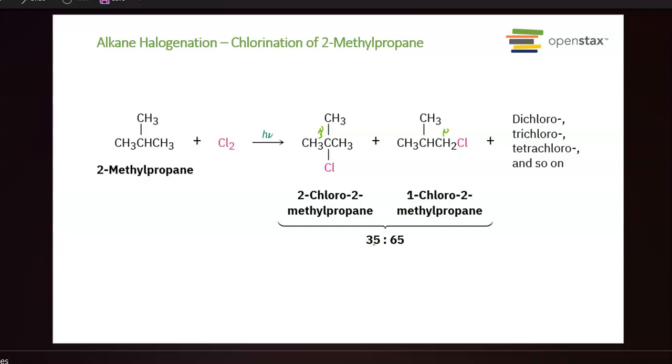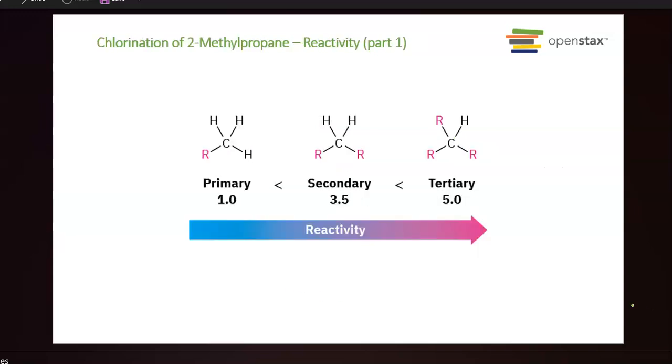Now the ratio here is 35 to 65, which tells us that the number of tertiary carbon atoms is less as compared to the primary carbon atoms, right? So that is the only reason that you're getting more of the primary organohalide. Otherwise, it is generally the tertiary carbon atom that is prone to be substituted with a halogen. The reason is radical stability, which I think we talked about in an earlier chapter.